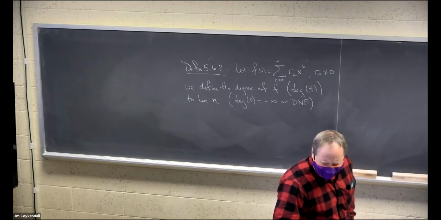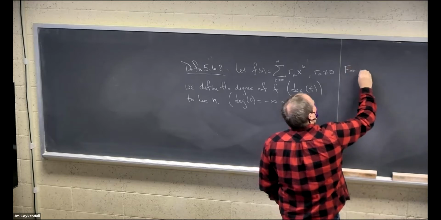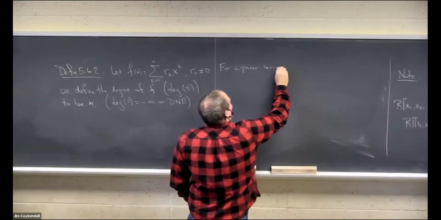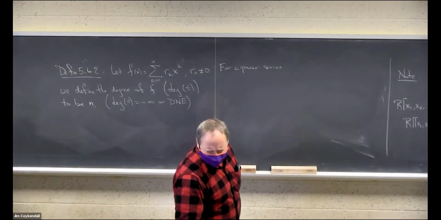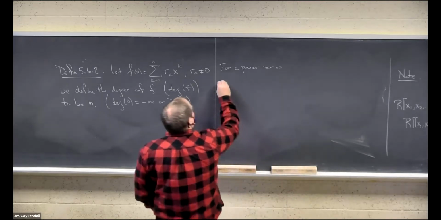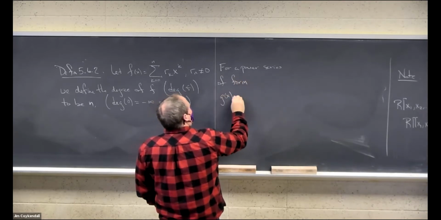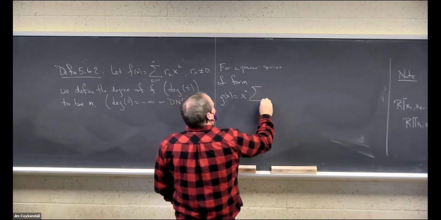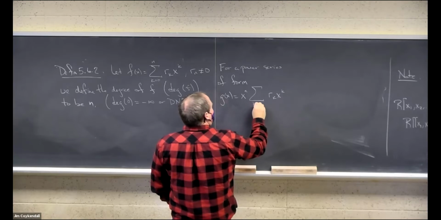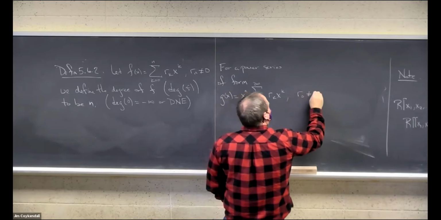I should check that. And for a power series of the form g of x equals x to the n times the sum, a equals 0 to infinity, and here I'm going to say R0 is not 0.